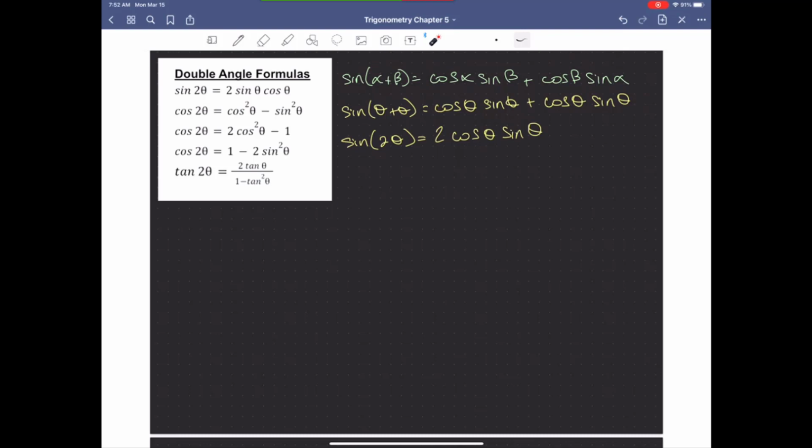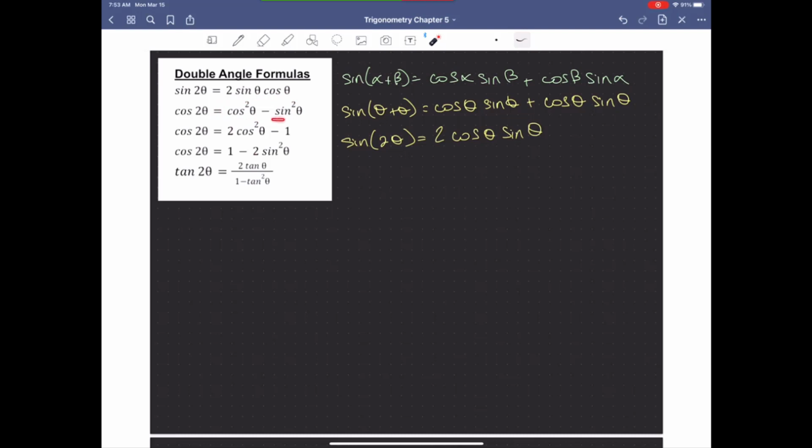On your sheet and even up here, when it comes to cosine of 2 theta, that double angle for cosine, there are 3 different formulas. See that? This is kind of the main one, cosine squared alpha minus sine squared alpha. But what do we know sine squared also equals? 1 minus cosine squared, right?